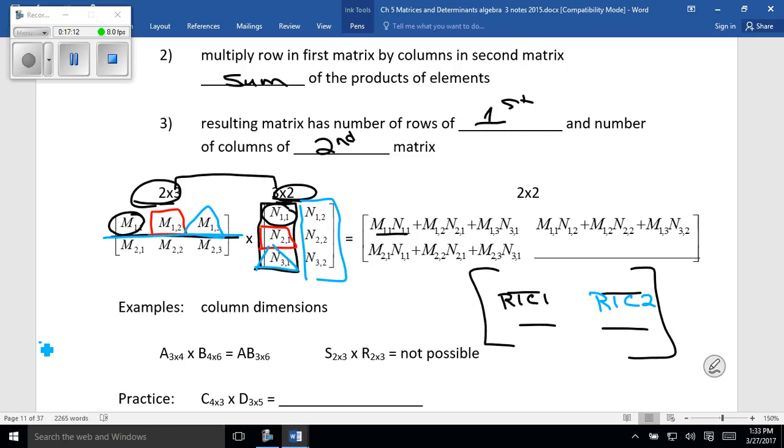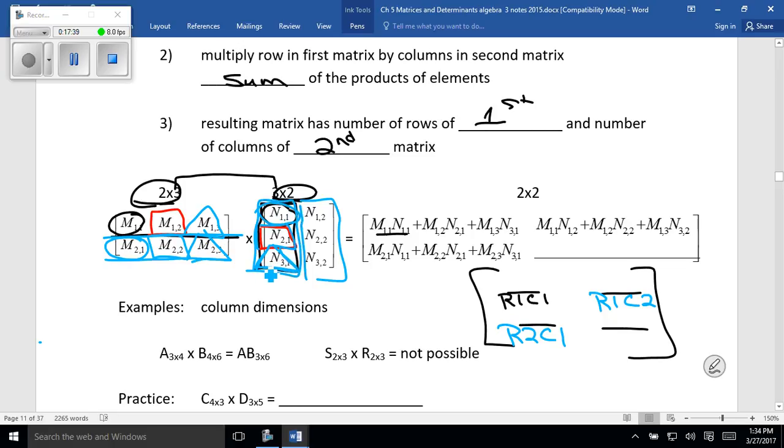So what place is this? Row what, column what? This is row 2, column 1. So now you move down to row 2, back to column 1: first times first, second times second, plus third times third.